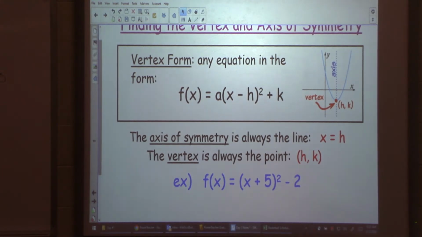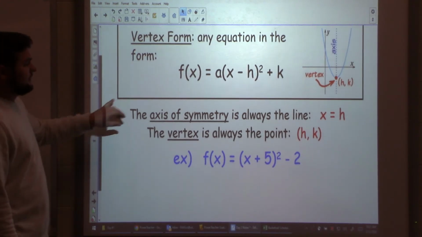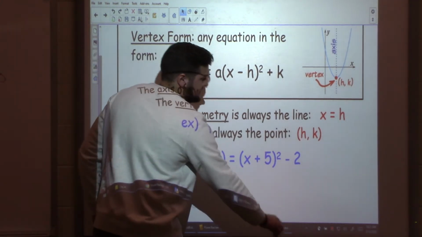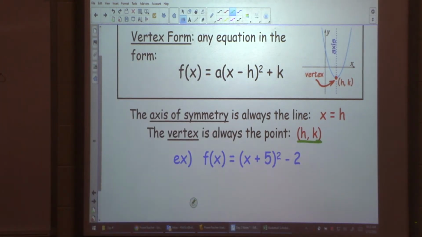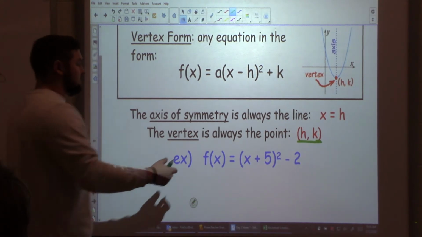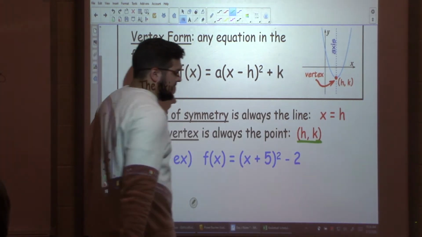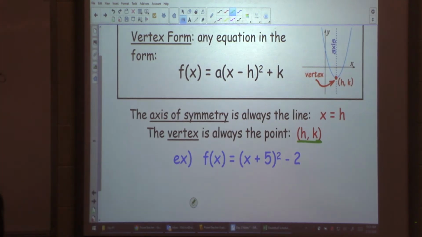So this is the second form. Now the nice thing about this form is our vertex is h, k. So it's given to us in our equation. We don't have to do any computations to find our vertex. All we're doing is pulling h and k and making our vertex.